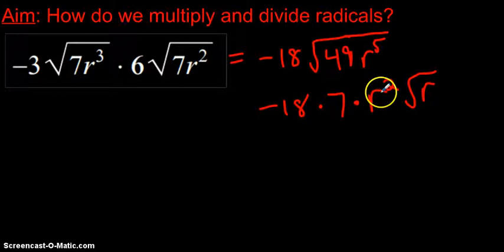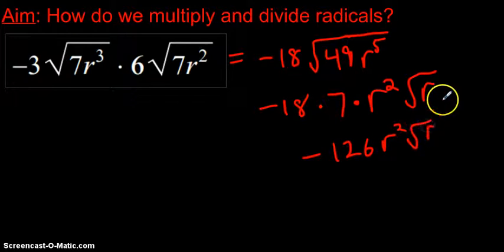So our final result is 56 plus 70, which is negative 126 r squared radical r. Okay, so in the briefest way possible, multiply the coefficients and multiply the radicands, then simplify.